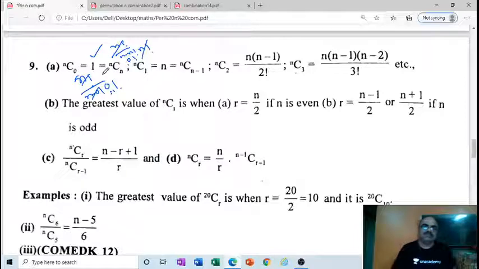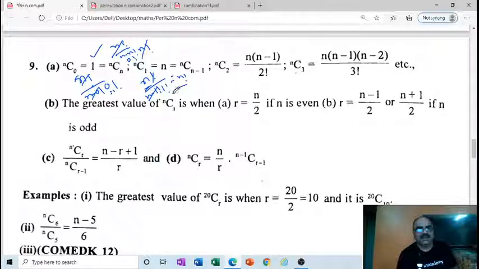One concept. Number 2, NC1 equals NCN minus 1, that is equal to n. Same way, n factorial by n minus 1 factorial into 1 factorial. If you remove n minus 1 factorial in this, what will remain? N. In this also, n factorial by n minus n plus 1 factorial into n minus 1 factorial.